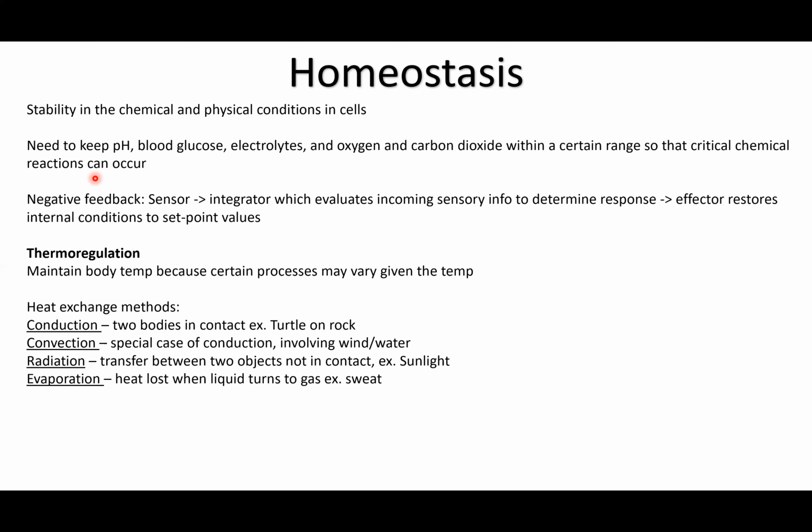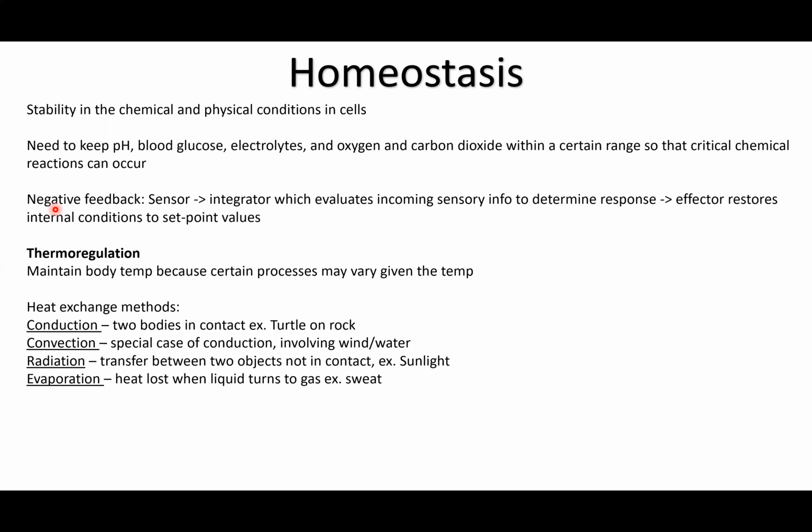Every organism is essentially a big chemical factory of all these different reactions, and there are certain things that animals have to maintain so that these reactions can occur, and that they can occur efficiently for what an organism's specific bodily needs are. And when we talk about homeostasis, we're mainly focusing on mammals.